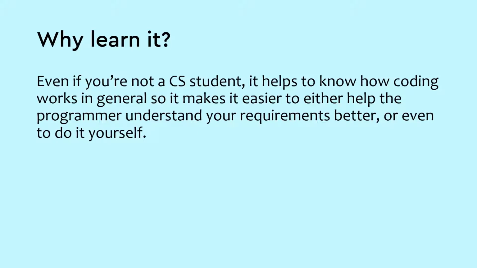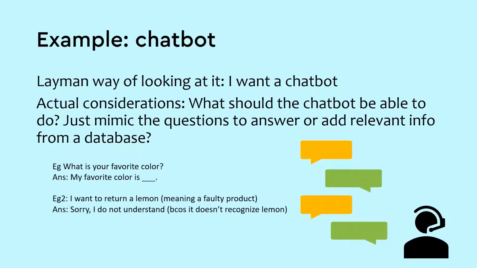Coding can be used in specialized fields like bioinformatics and language processing. Even if you have a computer science student, it is helpful for the person who wants the program to understand coding as well, so they can better understand its limitations, or the best way to present the problem to the computer science student for them to code it for you.